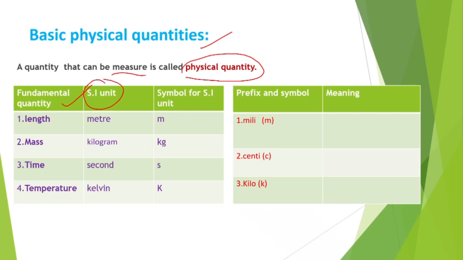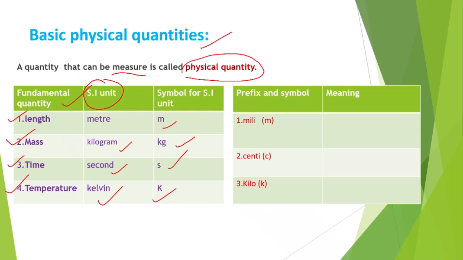S stands for standard, I stands for international, U for unit. Understand? Let's see some examples. Length. SI unit is meter, symbol small m. Mass, kilogram, unit kg. Time in seconds, symbol small s. Temperature. SI unit is Kelvin, symbol for SI unit is capital K. Why capital K? You can give the answer in my comment section.